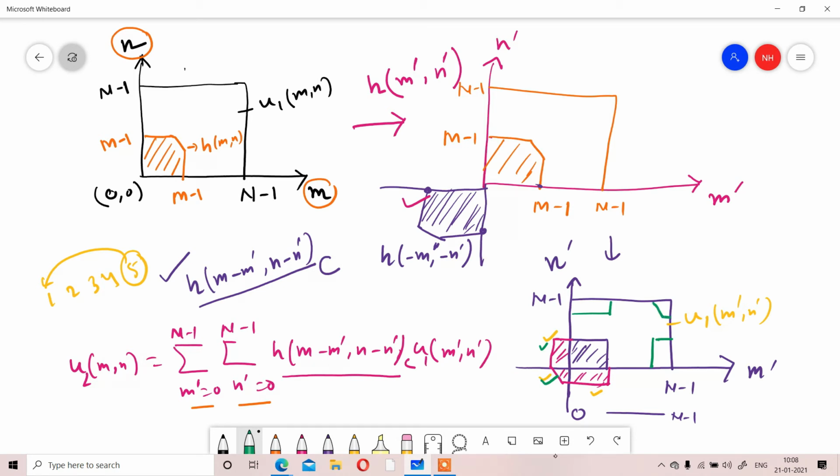So finally that will be your structure for circular convolution considering a single point. Keep in mind, considering a single point, not all points. That will be your structure considering a single point after circular convolution. Clear up to that?